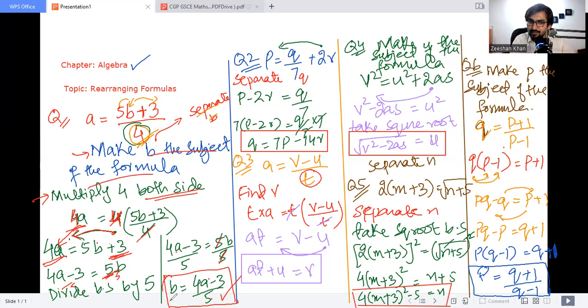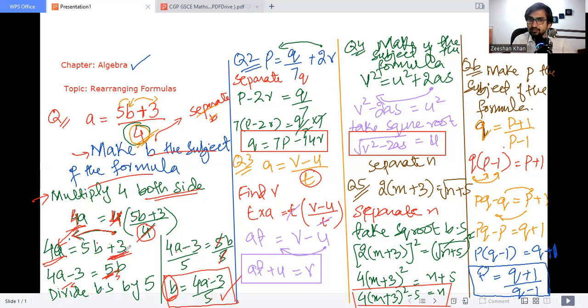Now you can see b is the subject of the formula. We have separated b. This is how you apply the rules. Rule number 1: if you want to remove the denominator, multiply by that number. Rule number 2: if you want to shift a number with addition or subtraction, the sign will change when you take it to the other side.